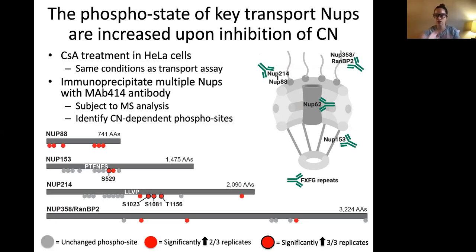I'll point out just as one example that this serine 529 phosphosite on Nup153, which we know is an ERK phosphosite, was identified as being calcineurin dependent. And this is really exciting because another group has shown that when this site is phosphorylated on Nup153, it interrupts the interaction with transport machinery. So it really suggests that this could be part of this role for calcineurin at the nuclear pore.